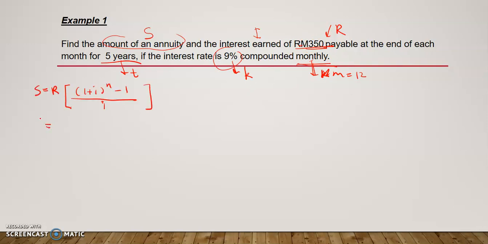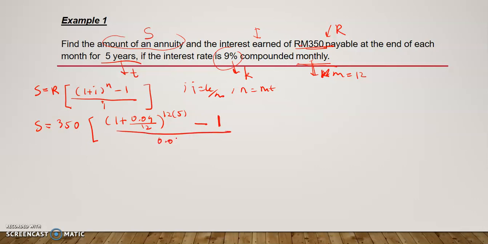Next step, find S using this formula. R is 350. 1 plus i, where i is k over m, so 0.09 over 12, to the power of n, which equals mt, so 12 times 5. Then minus 1, divided by 0.09 over 12.